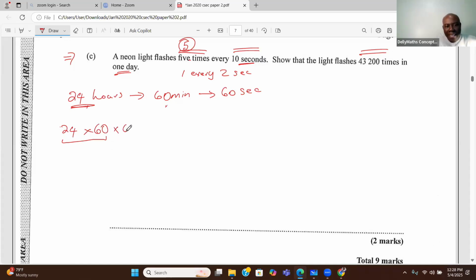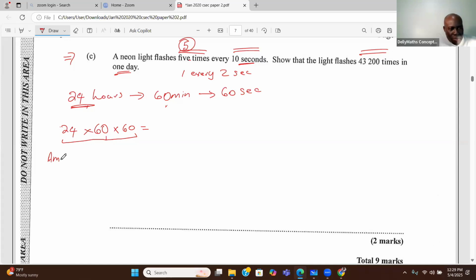And then if I times that by 60, it's going to tell me how many seconds in 1 day. Very simply. So you multiply 24 hours by 60, it turns into minutes, and then you multiply those minutes by 60, you get seconds. So this is the amount of seconds in 1 day.